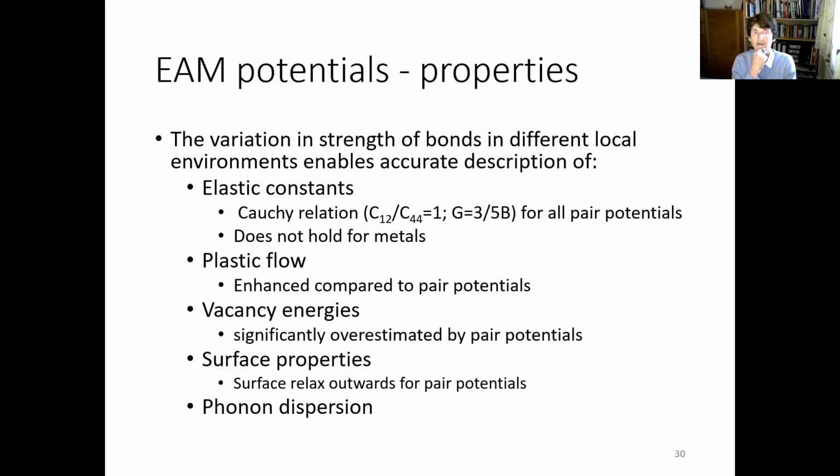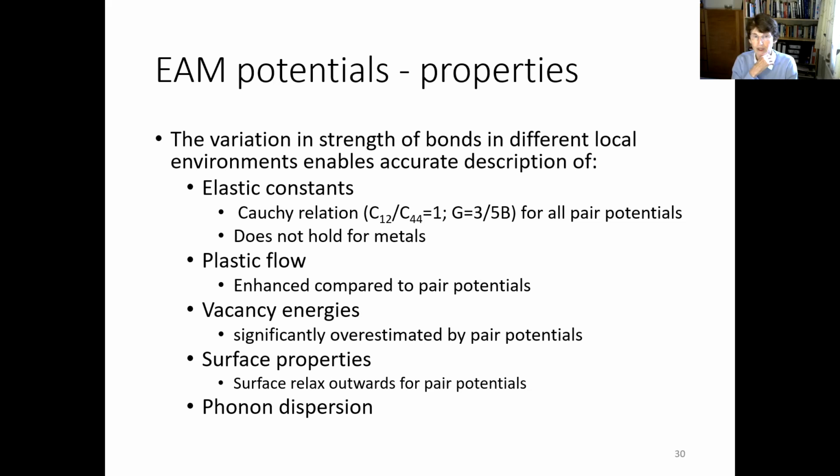And also plastic flow, because these power potentials have a certain directionality to them. Plastic flow is very much enhanced if you use these embedded atom type potentials. Vacancy energies with power potentials are significantly overestimated because they don't include the fact that as you add more neighbors or take away neighbors, you change the strength of the bonds.